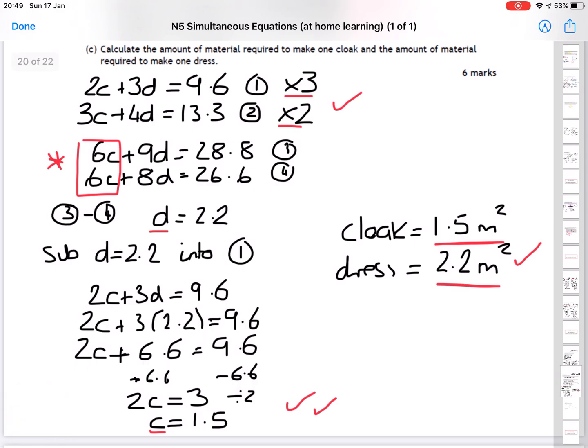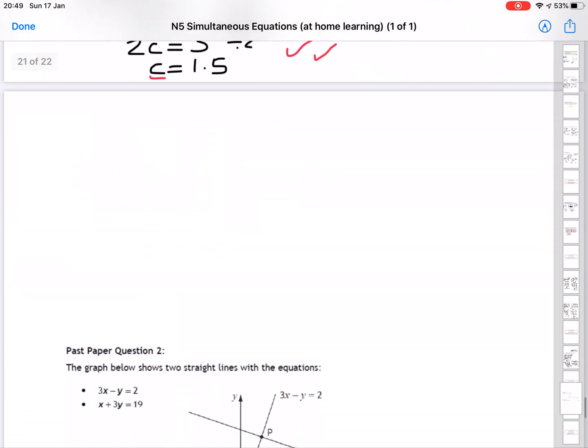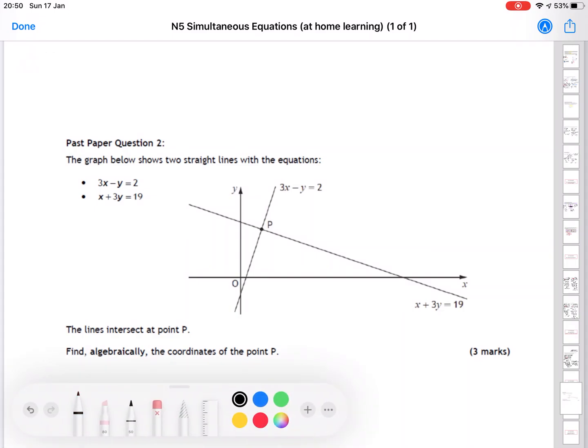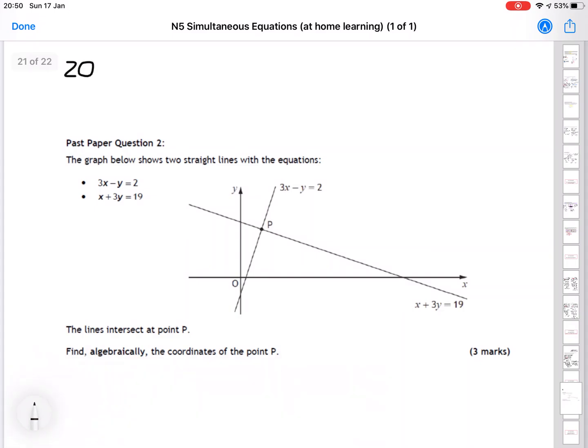All right, so the second past paper question we have is this one here, which is more of a graphical representation of your simultaneous equations. If anybody is interested, this question is from 2017, and it is in paper 1, and it's question 13, just if anybody's interested where that question comes from.